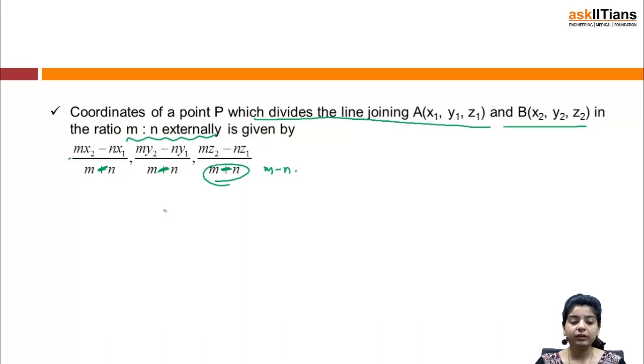This is m minus n. So in case of externally, the formula almost remains the same, just the plus sign gets replaced by the negative.